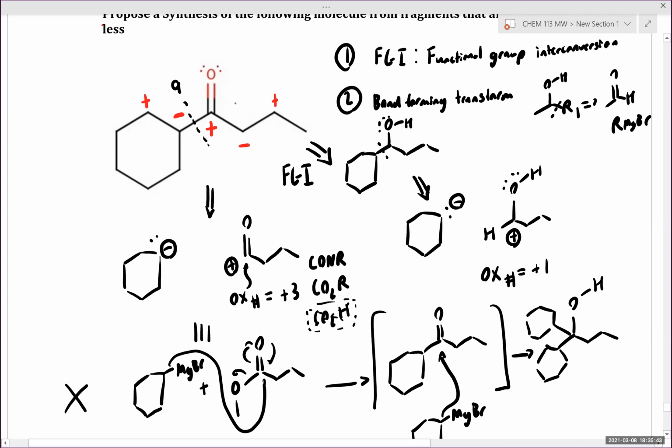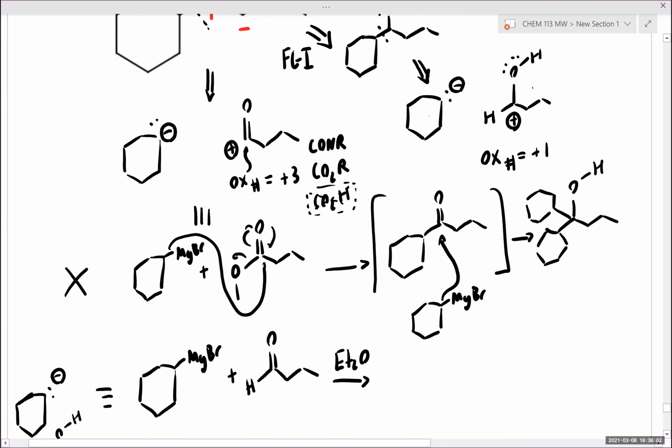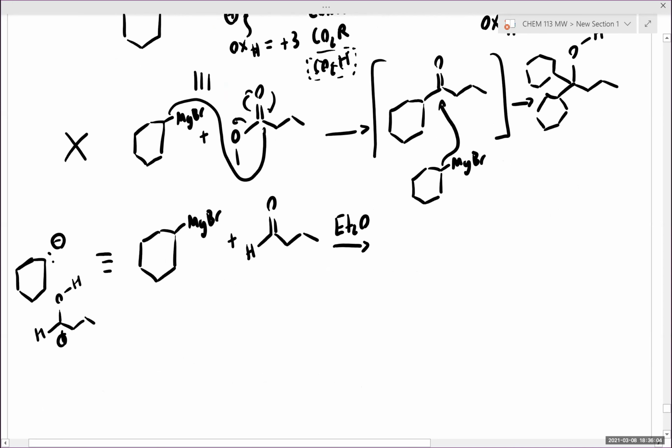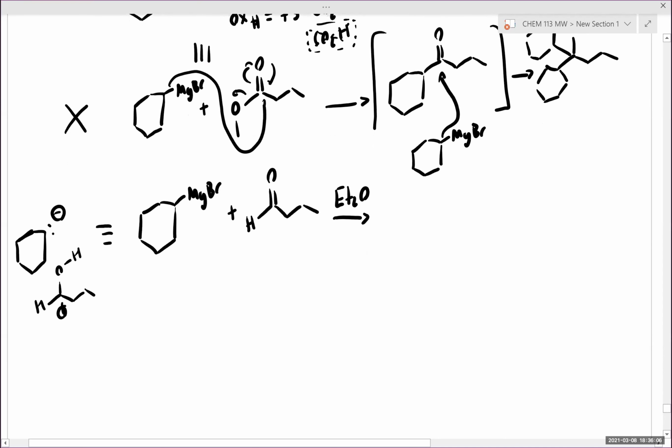So instead, we decided to change the oxidation state of this carbon to that of an alcohol. From there, we got the following two synthons as drawn by the student, and those synthons match that of an aldehyde fragment and a Grignard. So, if we mix this aldehyde and Grignard together, what product would we observe?